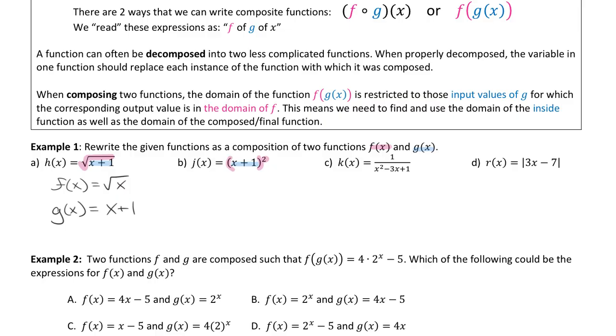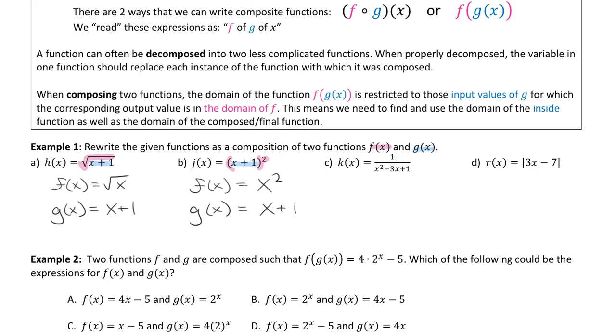So what we would say is the two functions are the outside function f of x being something squared, and the inside function g of x being that same x plus 1. We have decomposed this function that's complex into a linear function and a quadratic function.